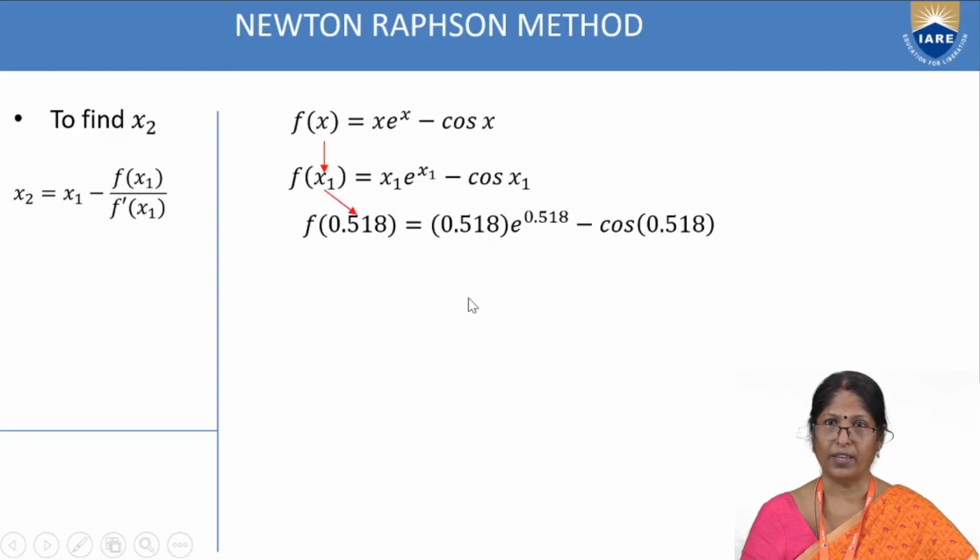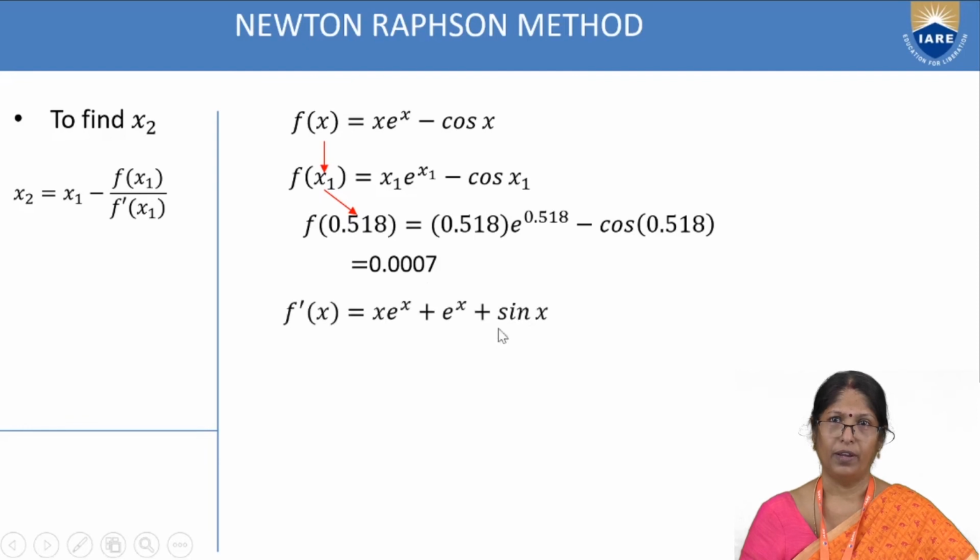You can see it here x1, here also x1, here cos of x1. That is, x1 is nothing but 0.518. We got the value 0.0007.